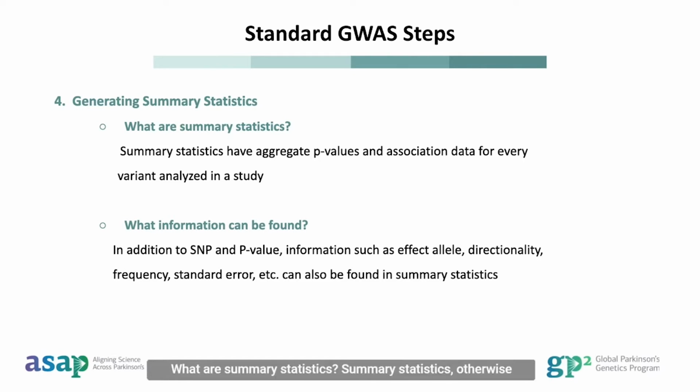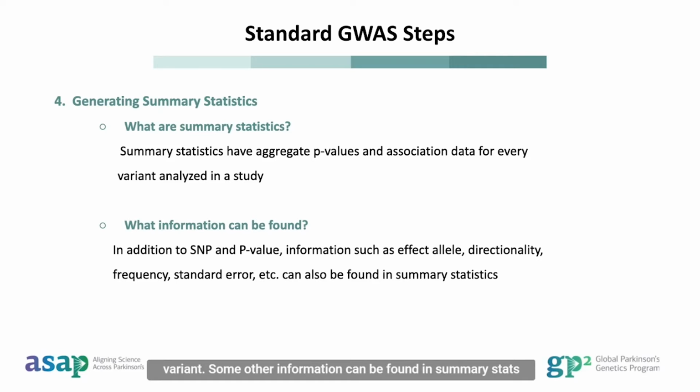What are summary statistics? Summary statistics, otherwise known as summary stats or SumStats, have aggregate data from cases and controls for each of the variants that have been analyzed and provide p-values to give evidence for the strength of association for each variant.